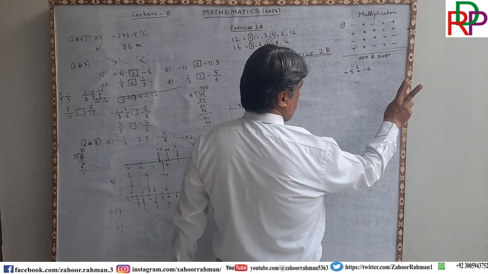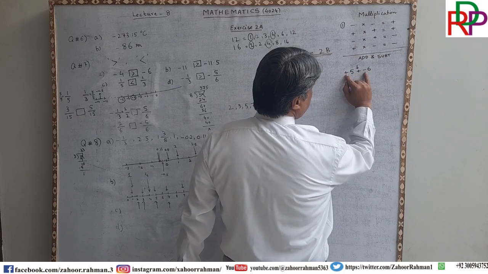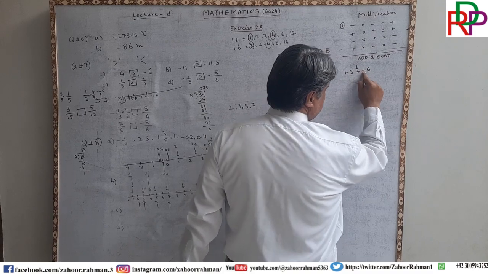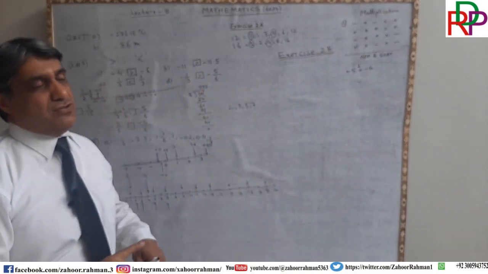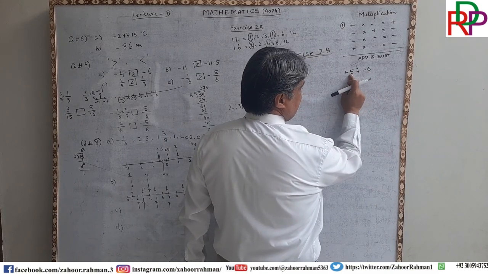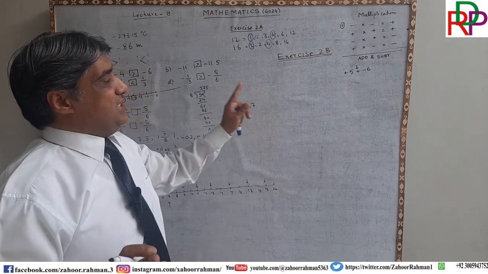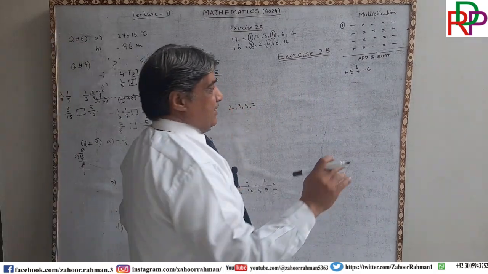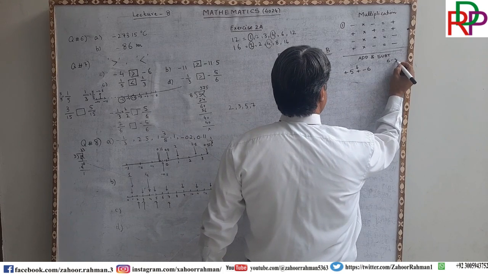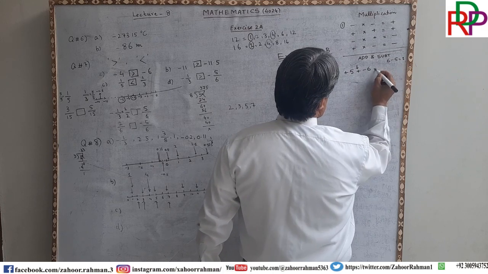Remember my words: if there are two different signs, one positive and one negative, simply subtract the smaller number from the bigger number without giving consideration to the signs. So I am subtracting 5 from 6. You have to write 1.